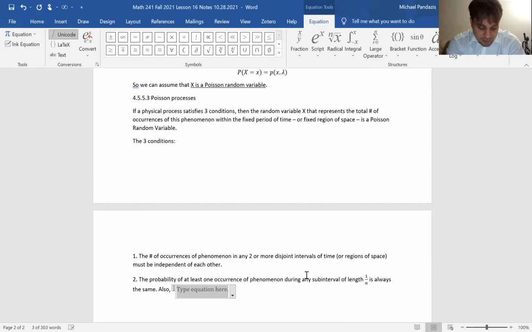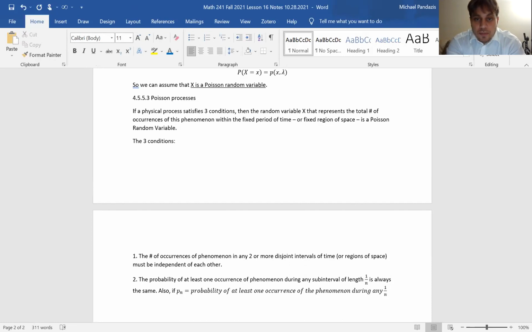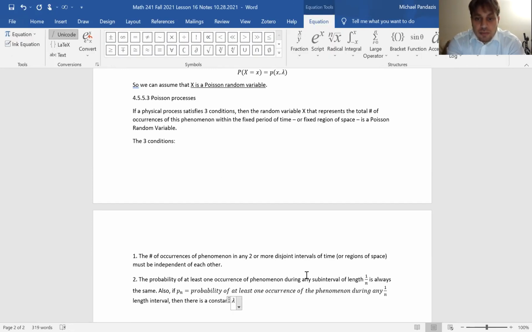Also, if p sub n is equal to the probability of at least one occurrence of the phenomenon during any 1 over n length interval, then there is a constant lambda positive such that the limit as n approaches infinity of n times p sub n is equal to lambda.